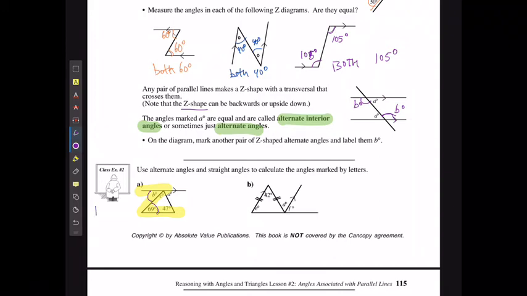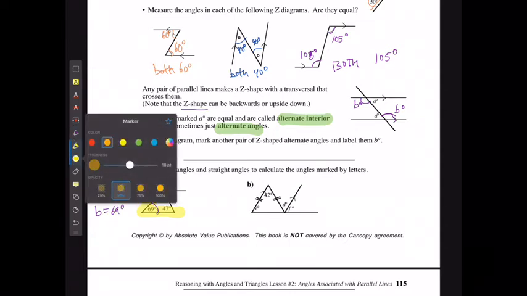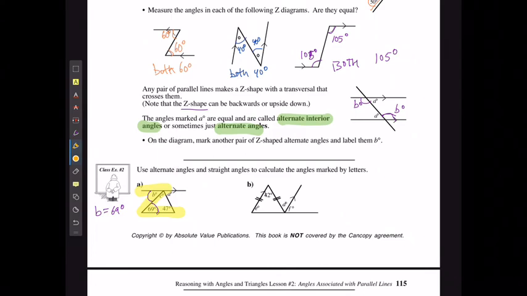So I can say right away, B is going to equal 69 degrees. I'm looking for the reflection of that, and I'm going to see the reflection of the Z shape right there. And I can see that with that, this angle and this angle are the same, which means that A is going to equal 47 degrees.